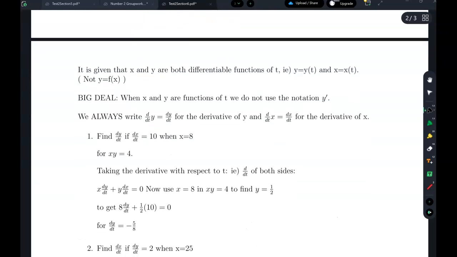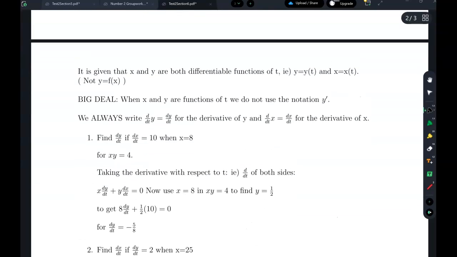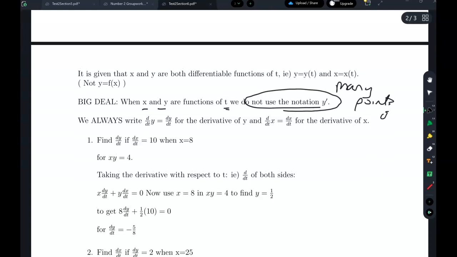Okay, now we're moving into lots of different letters. So if I have x's and y's that are functions of time, we do not use the notation of y prime. I will take many points off if you use y prime when we have dy over dt or dx over dt.